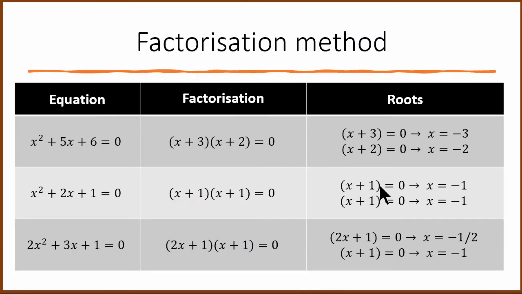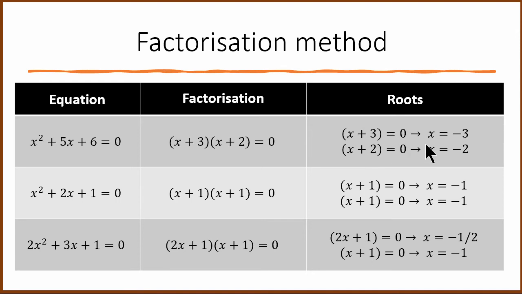Let's look at a factorization method. What's a factorization method? A factorization method is you have an equation like this, x squared plus 5x plus 6 equals 0. We convert it into this form like x plus a times x plus b equals 0. And then we equate each of them to 0. So in this case, x plus 3 we equate to 0, x plus 2 we equate to 0.